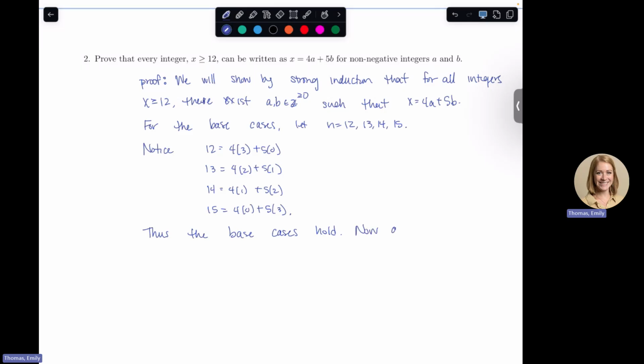Now, assume for all i with 15 less than or equal to i less than or equal to k, I'm starting at the end of my base cases because I've already proven it for these other ones, that i equals 4a plus 5b for some a, b, and z non-negative.